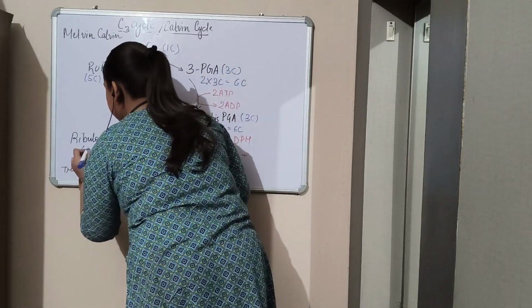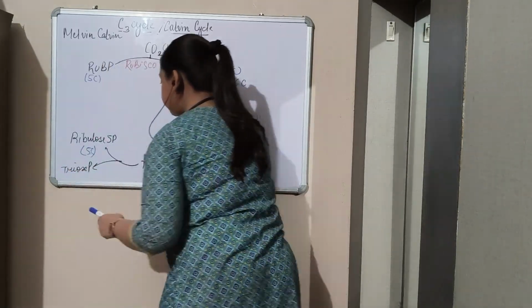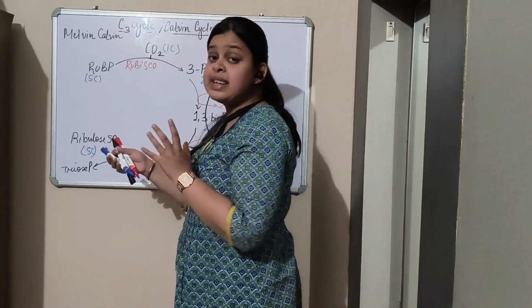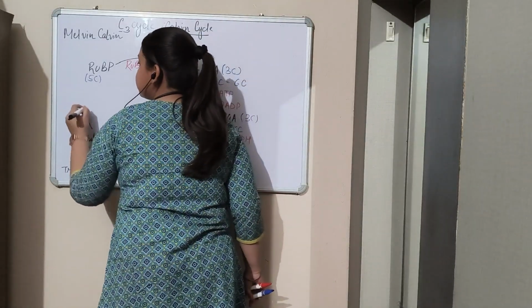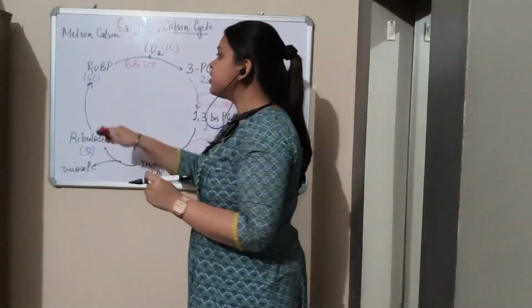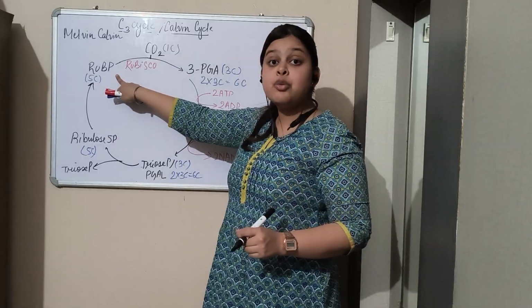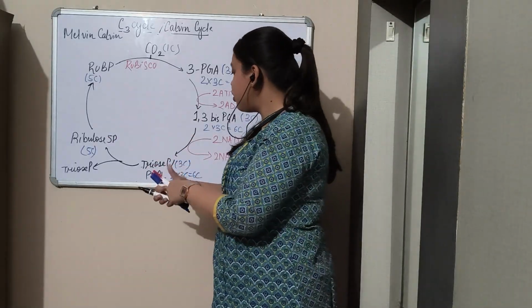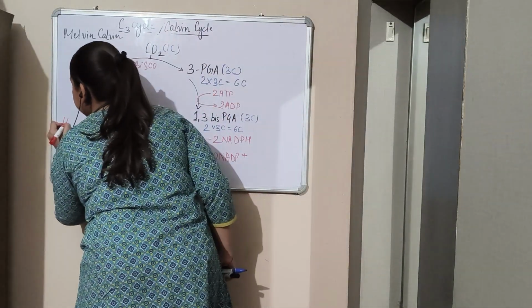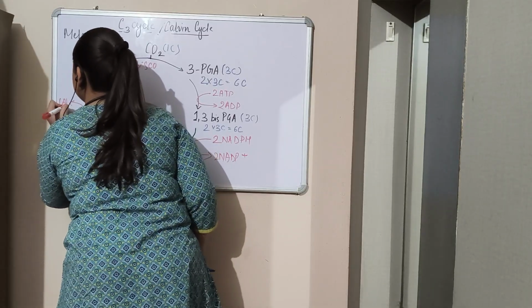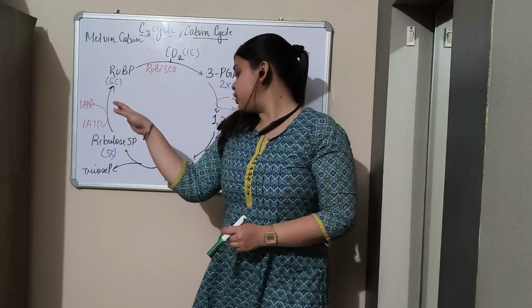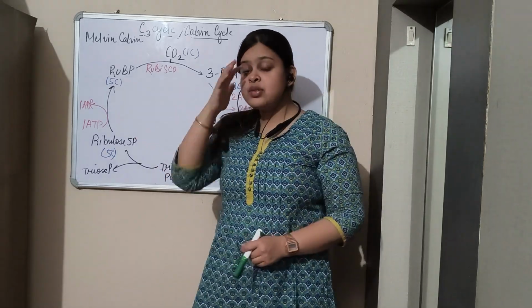So we can say that it is also a 5 carbon compound. Now, the next step is the regeneration step, in which the ribulose 5-phosphate will regenerate the RuBP molecule. Again, for this reaction, one ATP molecule will be utilized. So this was the C3 cycle that we discussed right now.